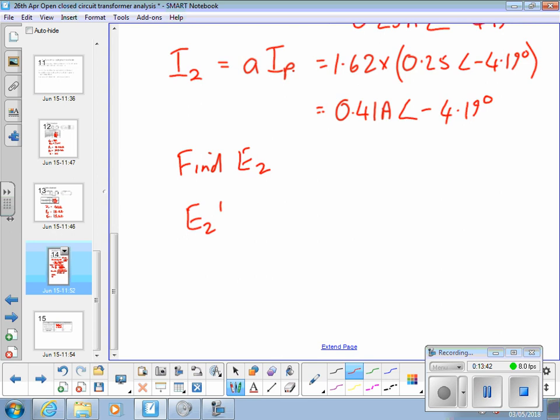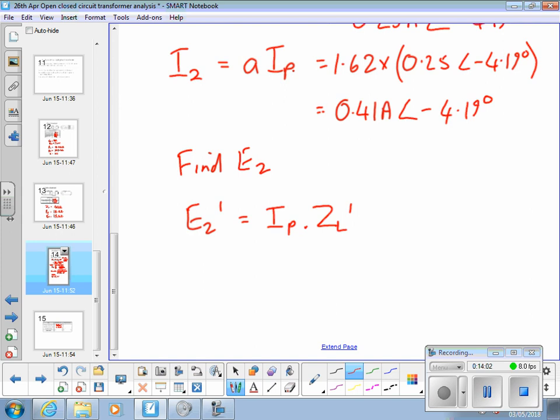E2 dash is equal to I2 dash, which is equal to IP. We can just call that IP times the ZL dash, because that's our load.